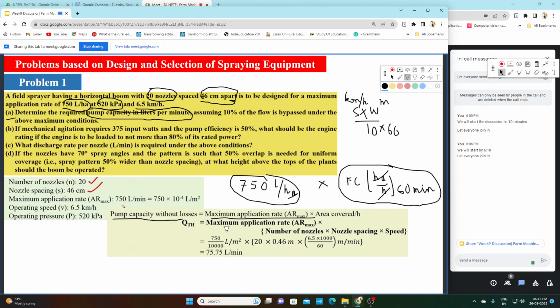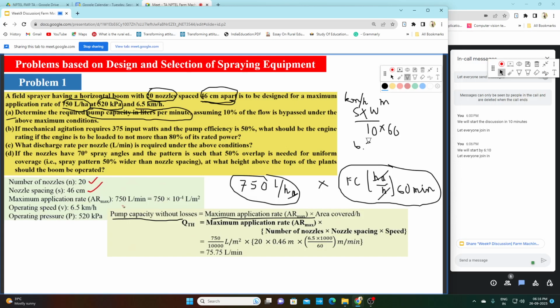So the maximum application rate is already given, 750 liter per hectare. Speed is given, 6.5 kilometer per hour, so this is also given. Now how will we find the width of the implement? We have been given the nozzle spacing, 46, and we have also been given the number of nozzles, 20.